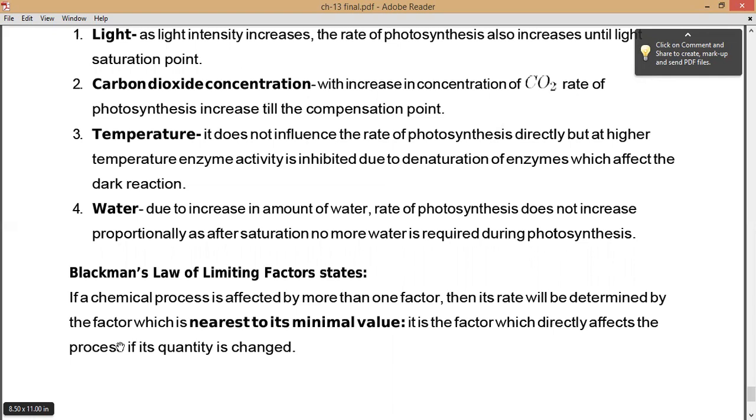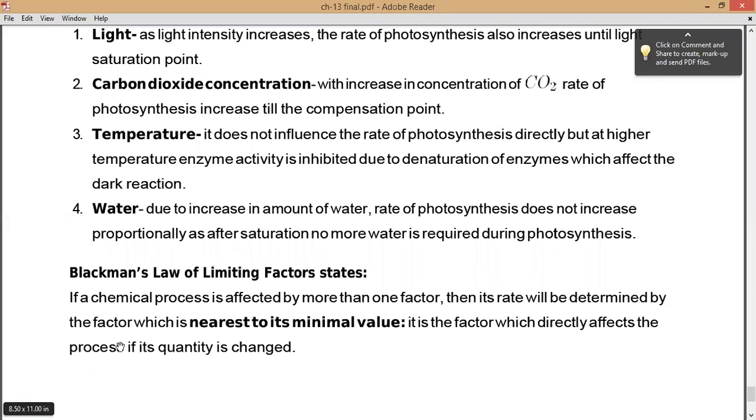So if you are increasing or decreasing any of the factors, then also the rate is affected. If more light is there, but in accordance with that, carbon dioxide concentration is less, then also the rate of photosynthesis is affected. So all the four factors should be present in a proper manner.